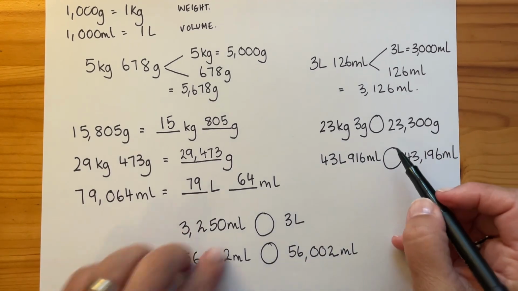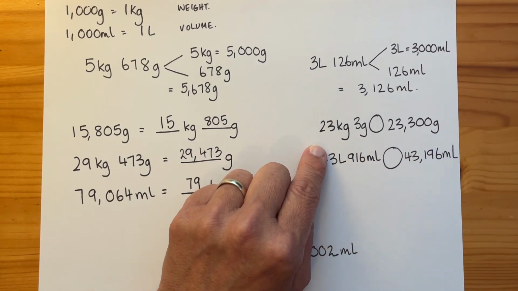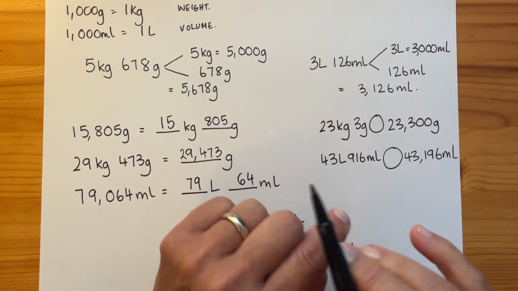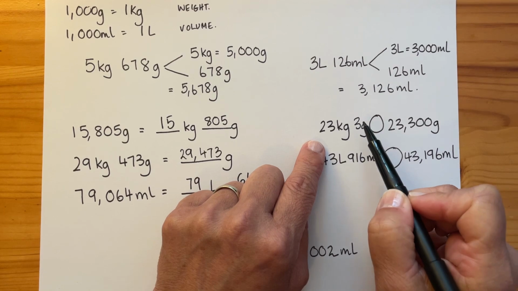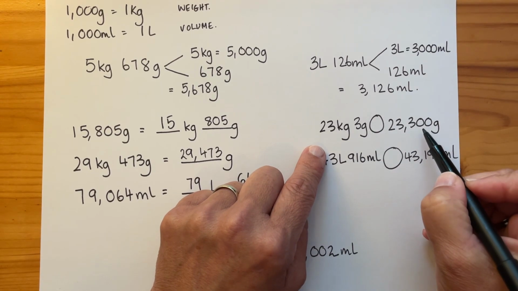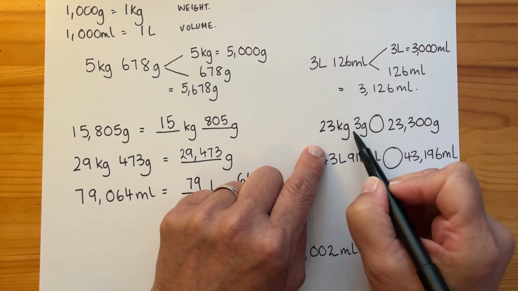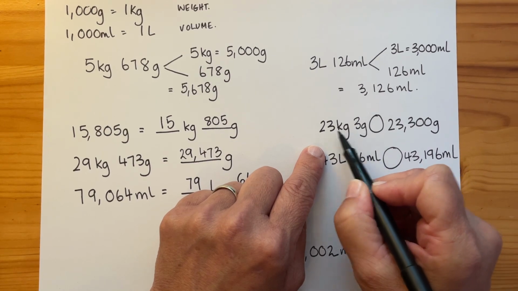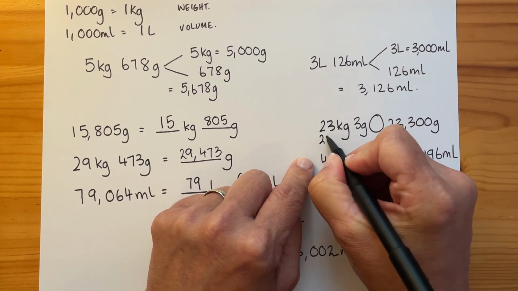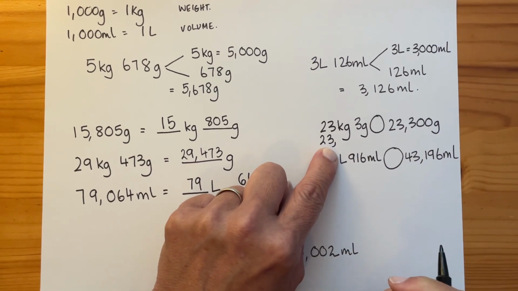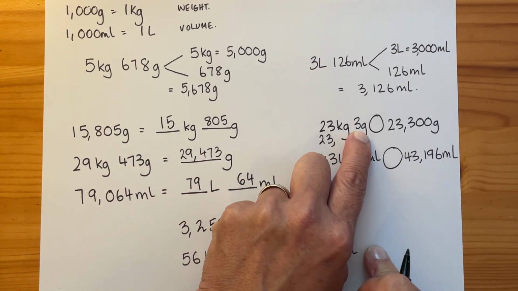Moving on to comparisons and trying to figure out which one is bigger. Same thing, I'm going to make this one the smaller one. So I'm going to basically try to make this into grams. Well, I know that it's thousands, so it's going to be 23,003.